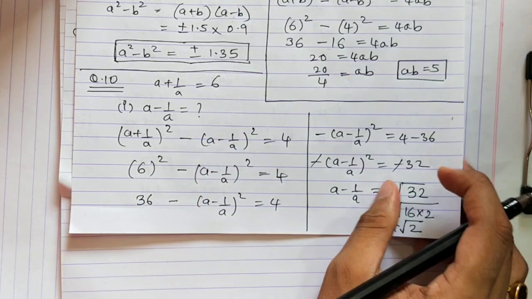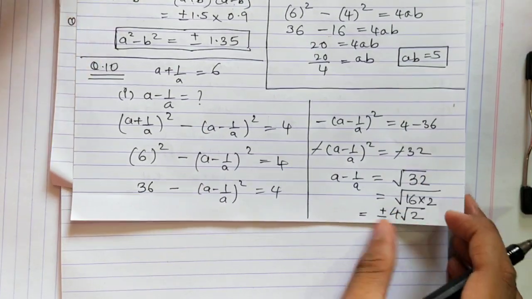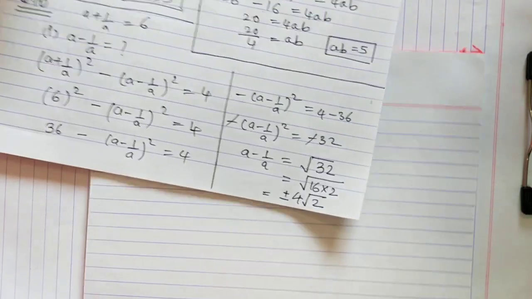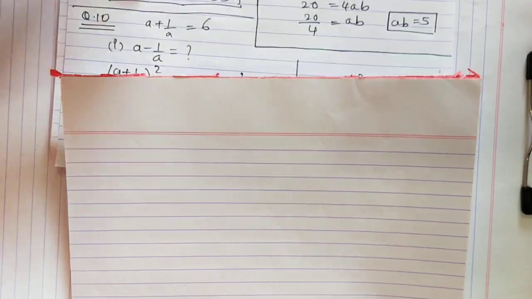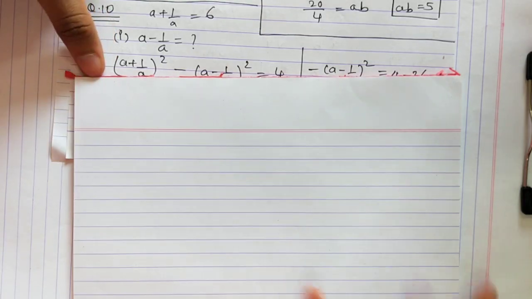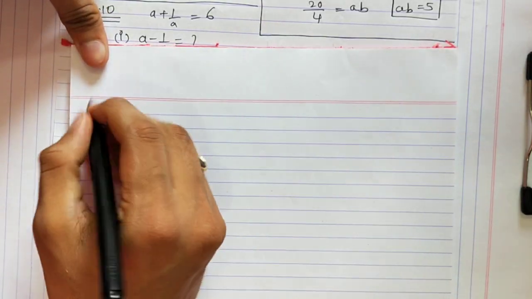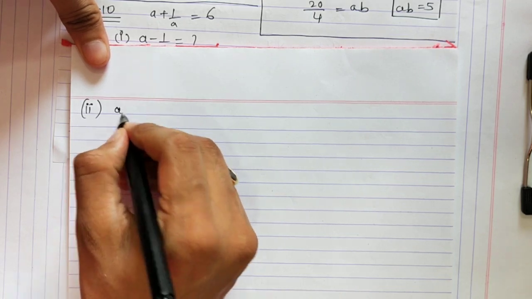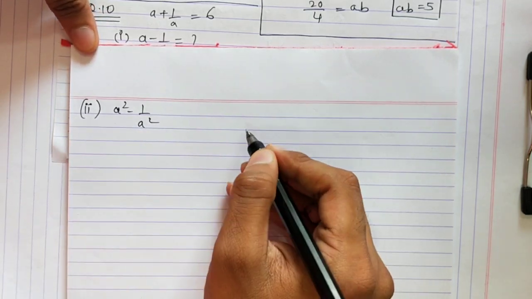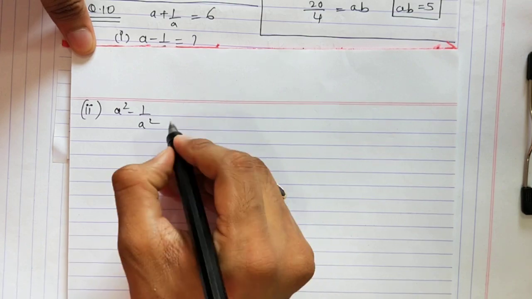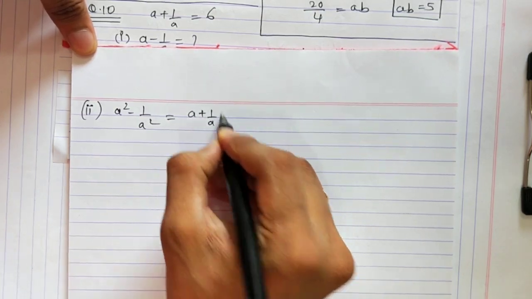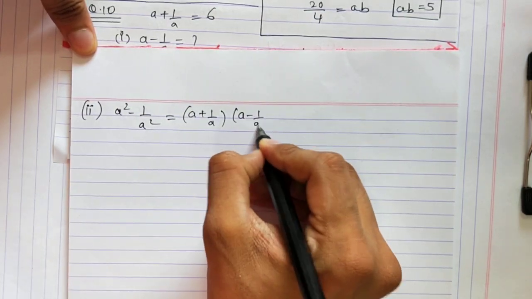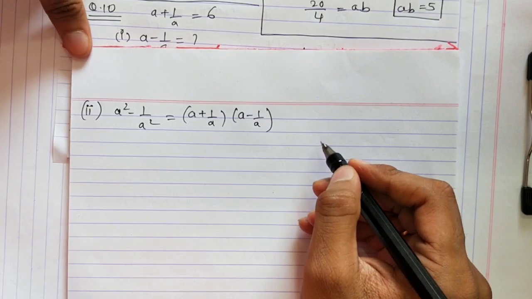Now let's solve the second part of this sum. We have to find a square minus 1 upon a square. Now what is the formula for a square minus 1 upon a square? It is (a plus 1 upon a) into (a minus 1 upon a). Correct?